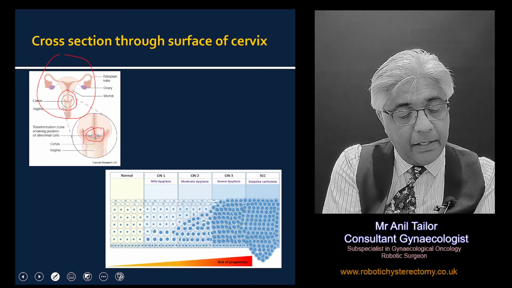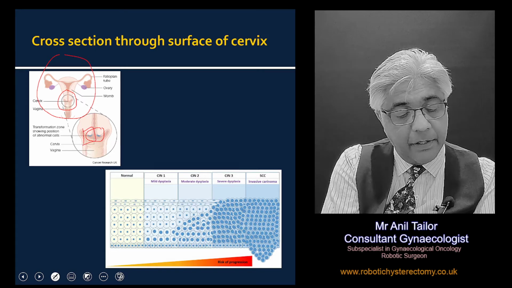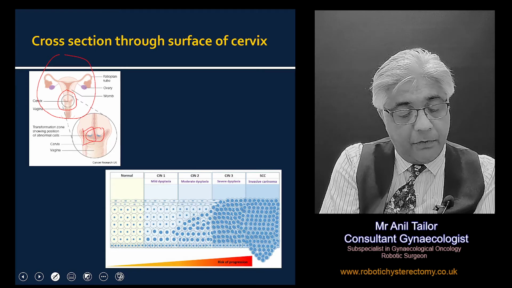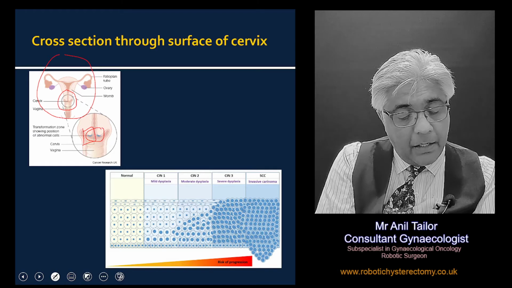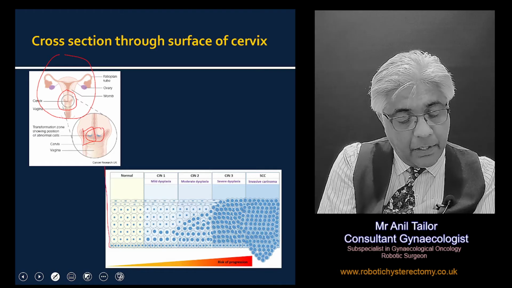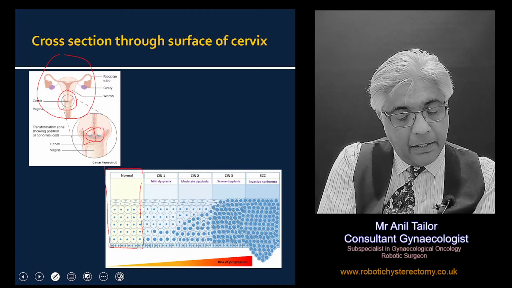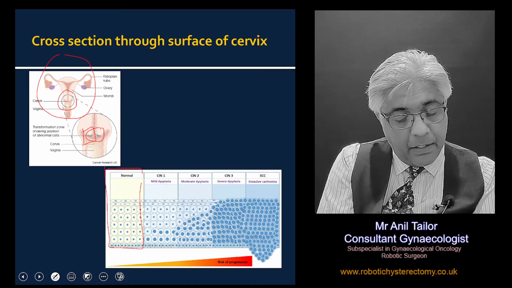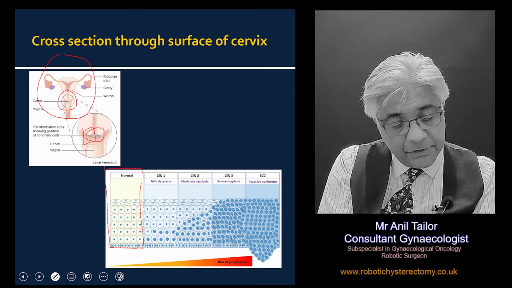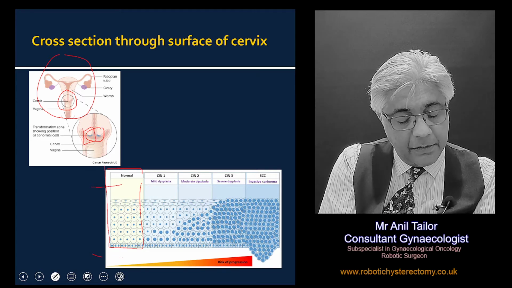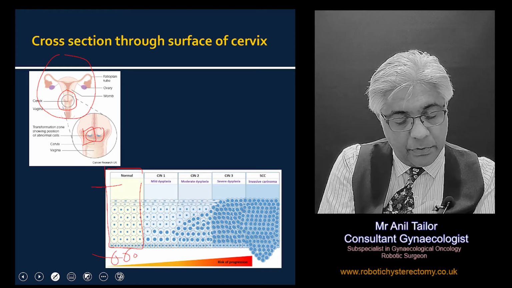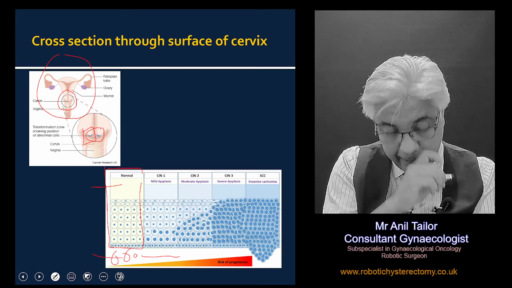cross-section of a little tiny area of the surface on the cervix, then in a normal individual, we would see under the microscope layers of cells. So this is the surface and this is under the skin, meaning all the fat cells and all the blood vessels and nerves would be in that area.